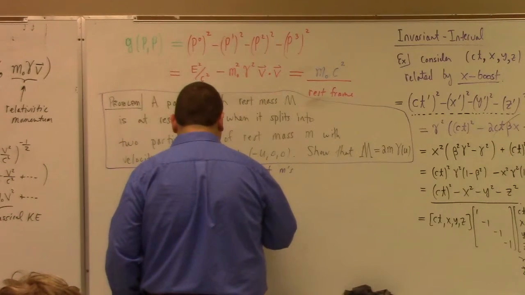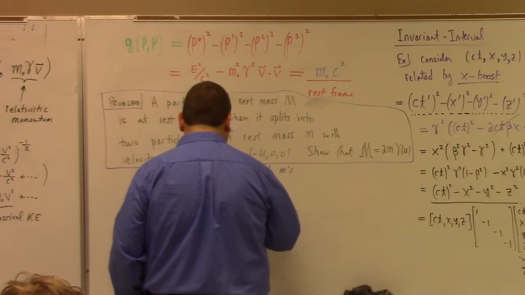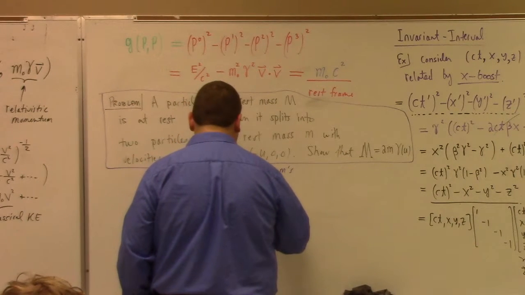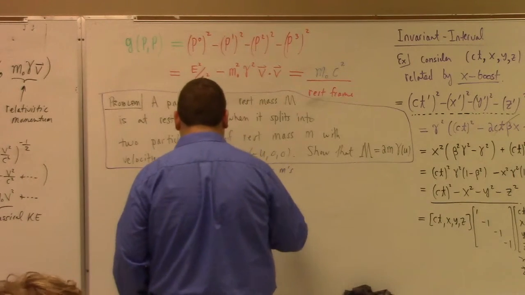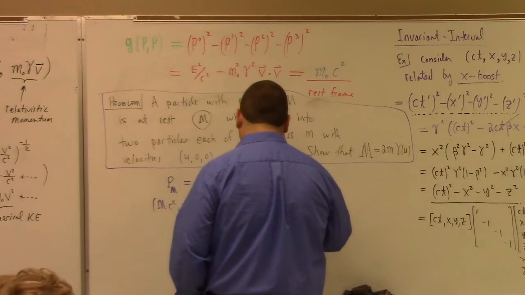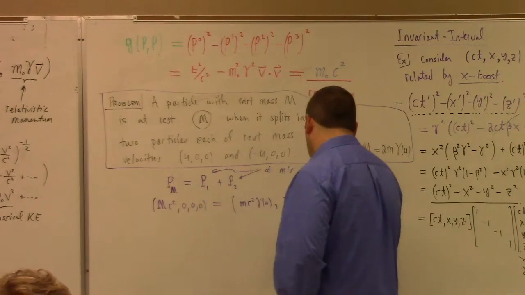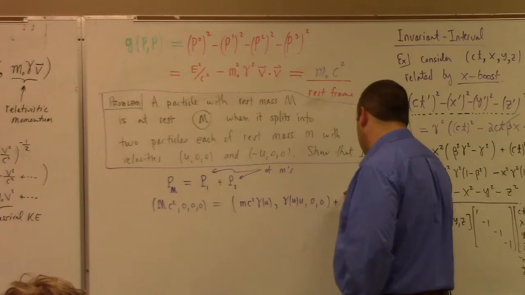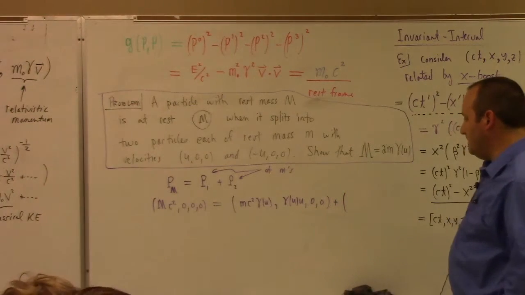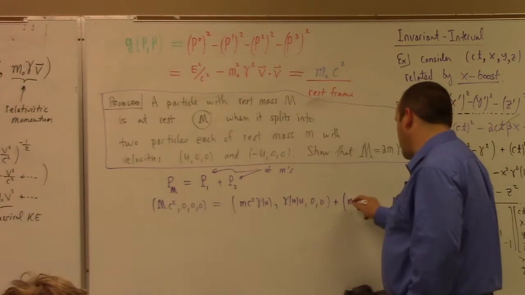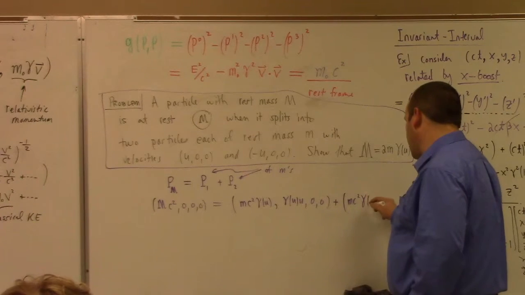Well, it's little m c squared times gamma of u, comma, gamma of u times u, 0, 0, plus m c squared gamma of minus u.